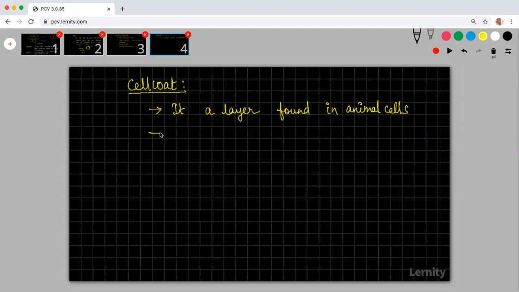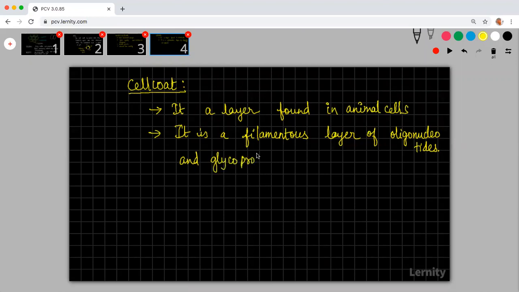It is a filamentous layer of oligosaccharides and glycoproteins.